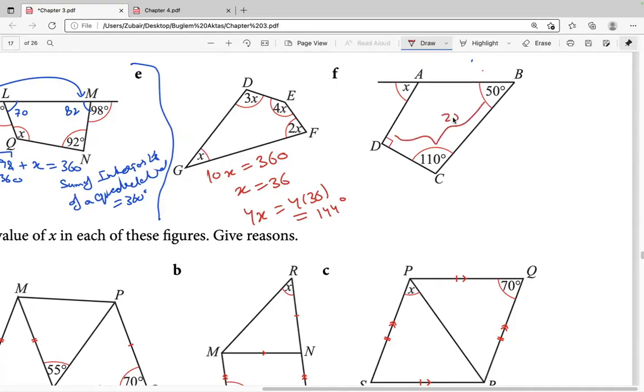The sum of these three is 250, and this is 110, and then that is 70.